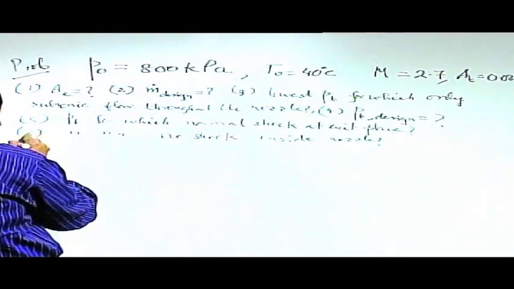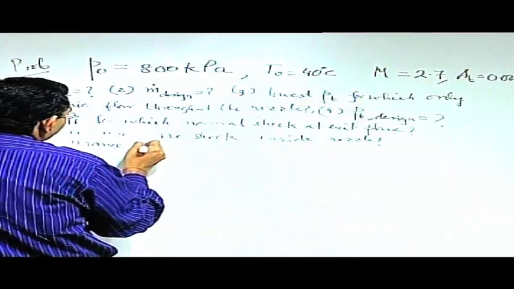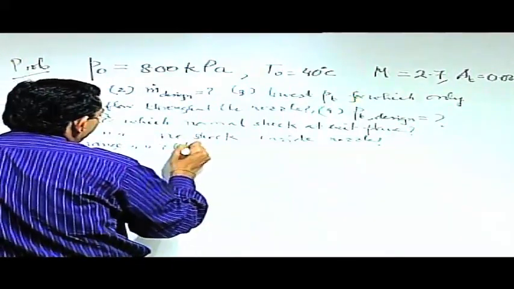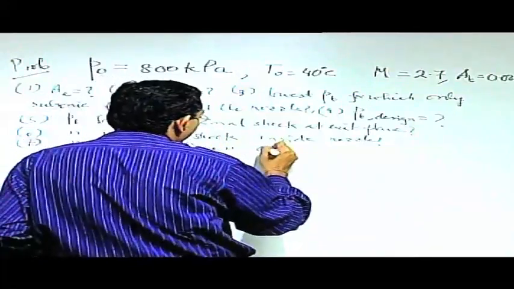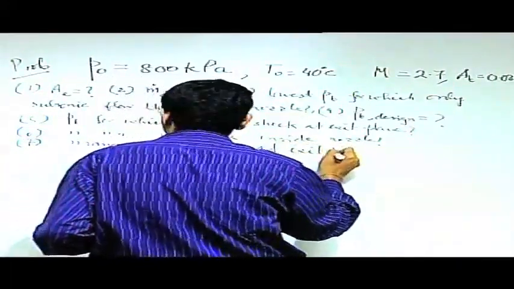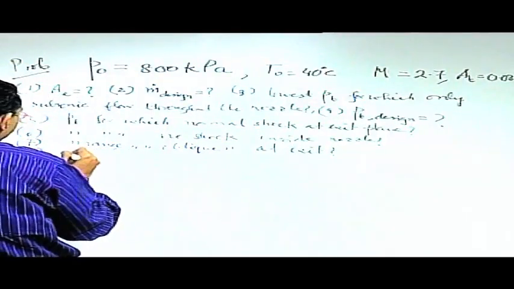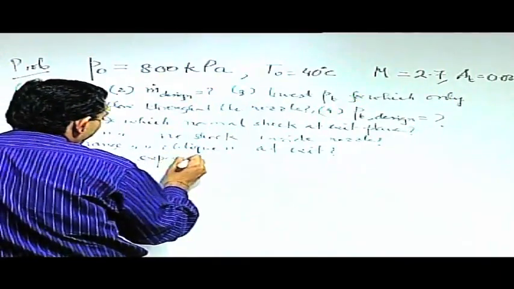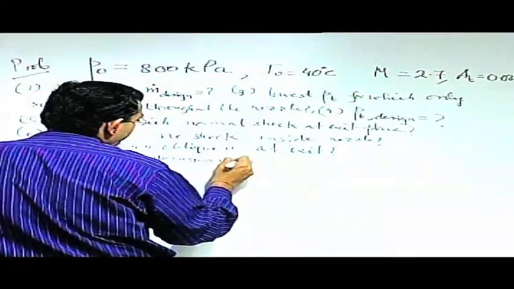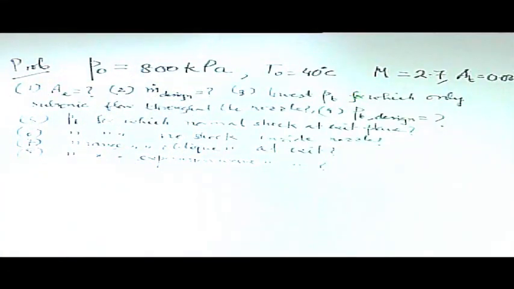Number 7, what is the back pressure range for which there is oblique shock at exit? And number 8, what is the back pressure range for which there is expansion wave at the exit? So, this is the set of questions that we would like to answer.